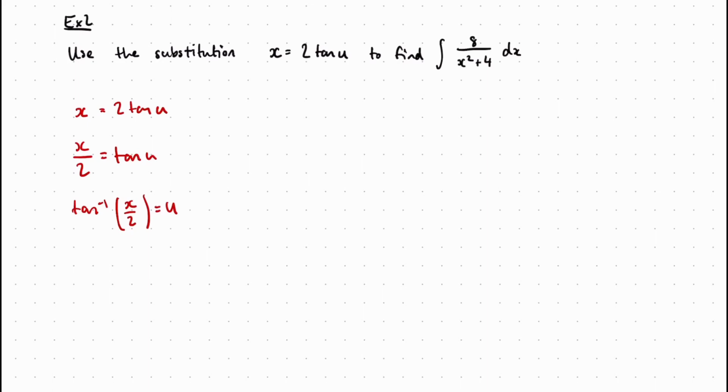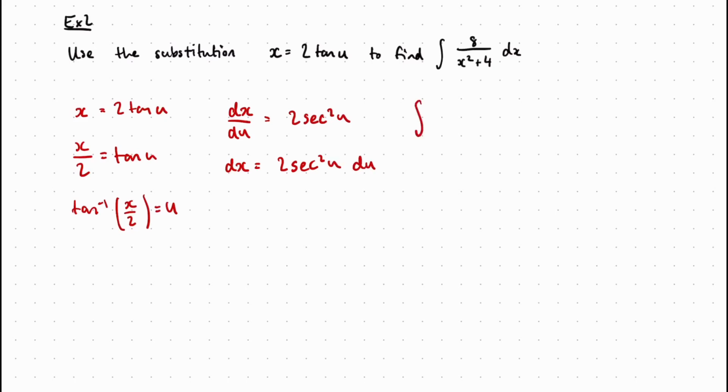The other thing we're going to do is find dx over du, so that we can replace our dx. So dx over du is 2 sec squared u, which means that dx is 2 sec squared u du.